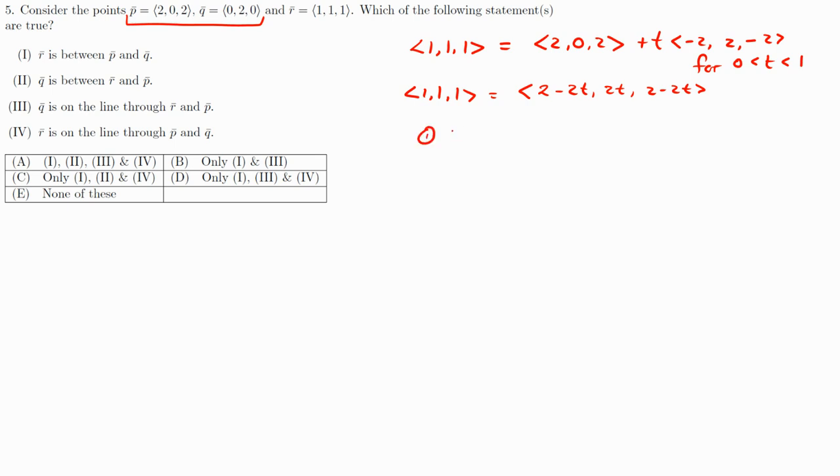So for our first component, we have 1 is equal to 2 minus 2t, and this will be minus 1 is equal to minus 2t. So t will be equal to a half. So far it works. For our second component, 1 is equal to 2t. So far it works still. For our last component, 1 equals 2 minus 2t. And this is the same as the first component.